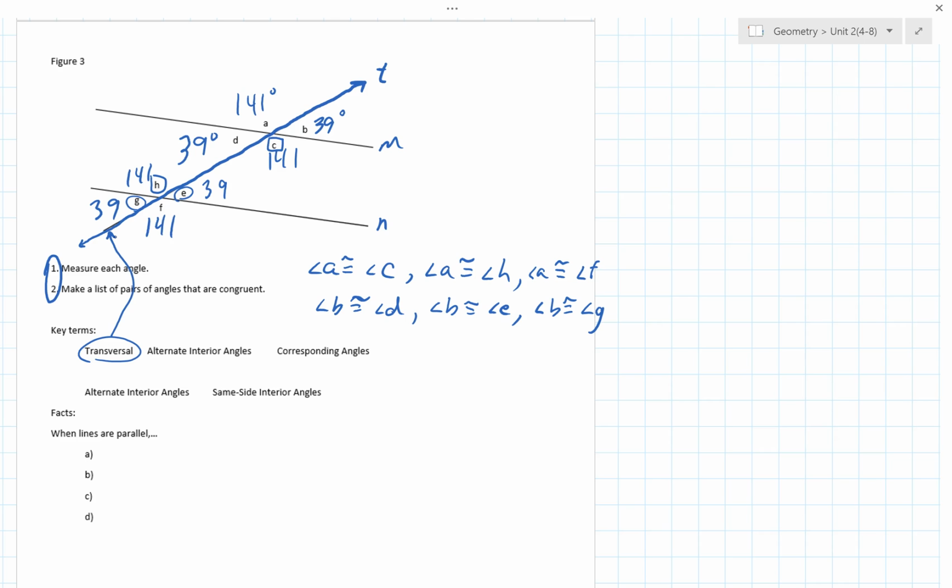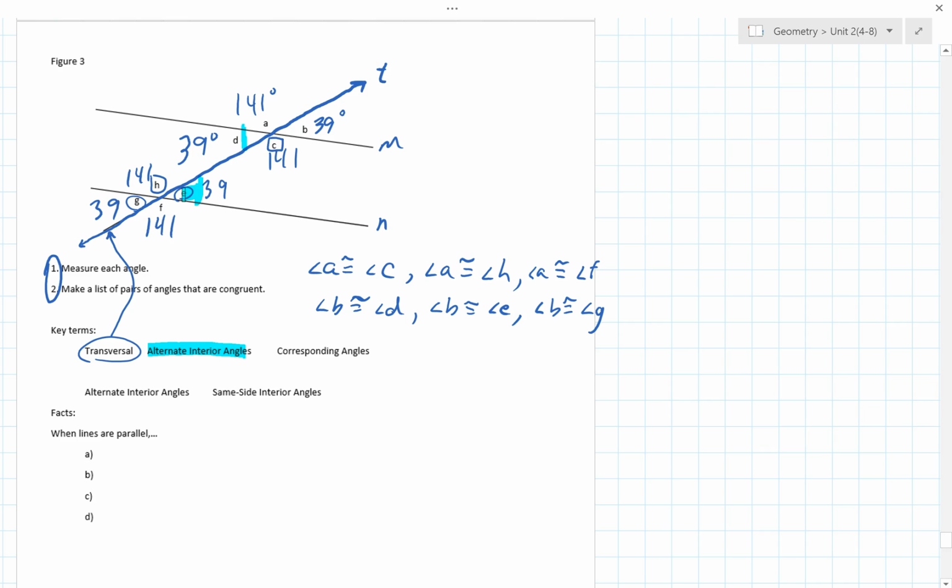And when we have two lines and a transversal, we get some special pairs of angles that we're interested in. For example, alternate interior angles. So that means angles that are in between the two lines. Okay, so I'm going to highlight this word in light blue. Alternate interior angles, D and E are alternate interior angles.